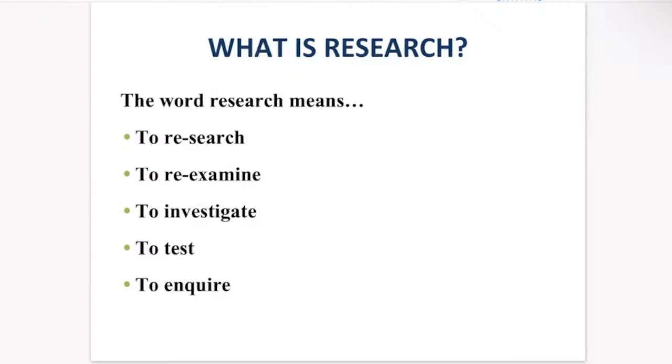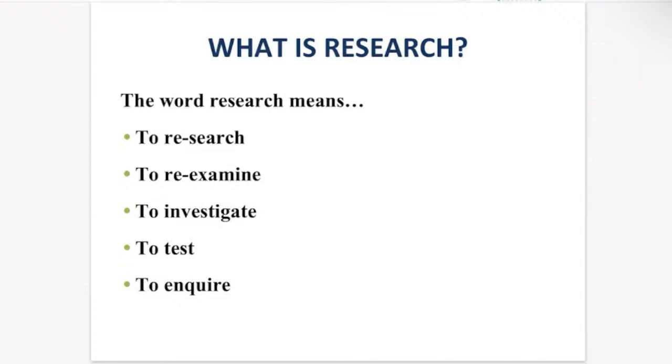Or maybe in different states of India, because we have different cultures and different kinds of environment. So we have to find that out. Then we can test it, and then we inquire. This is the inquiry. We try to inquire what is happening, how it is happening, and whether we can replicate it.